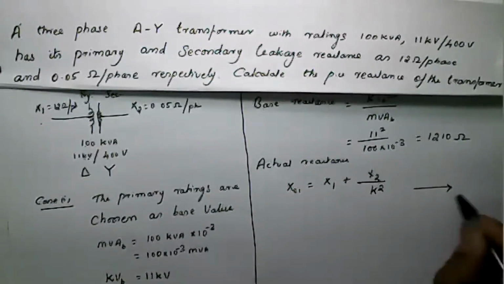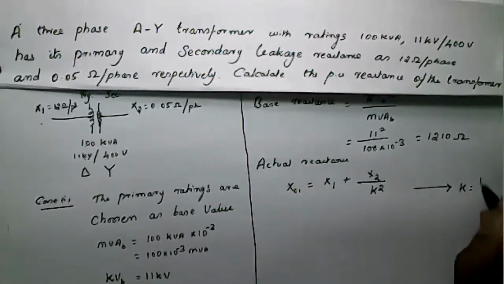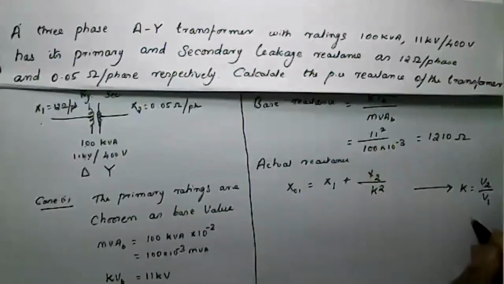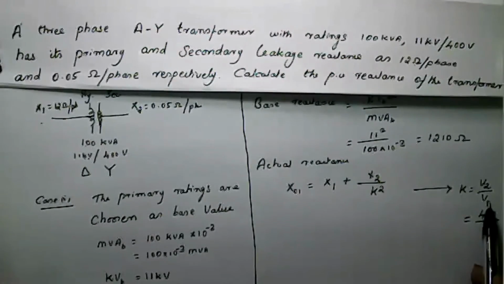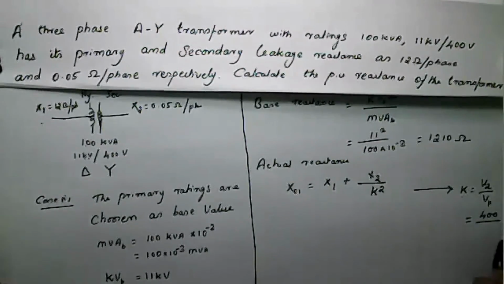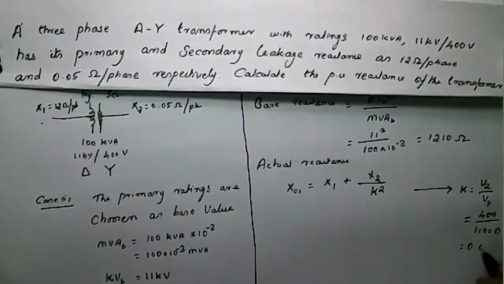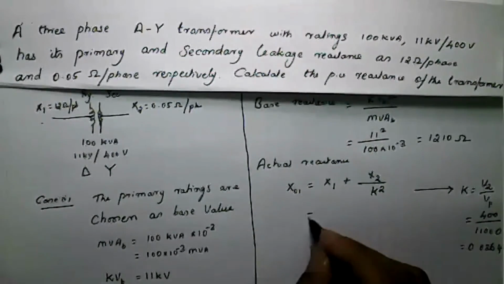K is the transformation ratio. K is equal to V2 divided by V1, the secondary side voltage divided by the primary side voltage. Secondary side voltage is 400 volt, primary side voltage is 11 kilovolt, that is 11,000 volt. That is equal to 0.0364.